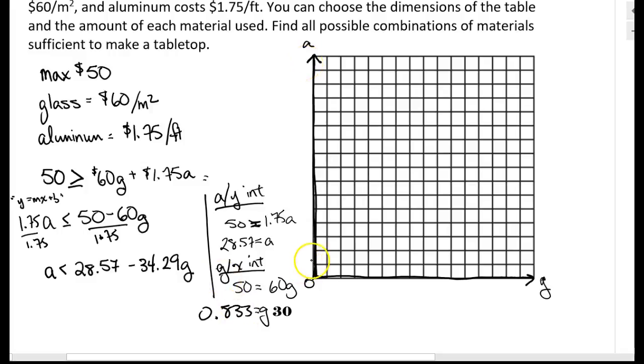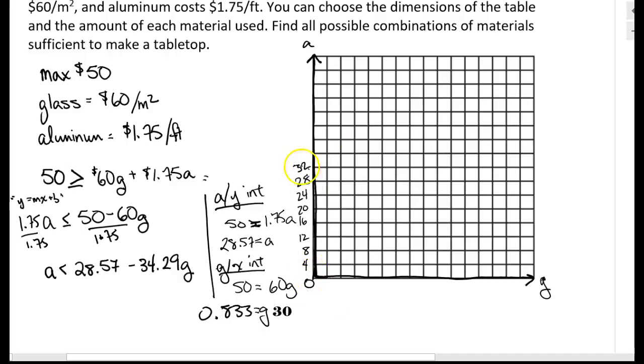From here, I'm going to go up maybe by 2, let's go by 4s. So 4, 8, 12, 16, 20, 24, 28, and so forth. 32 is the next one.